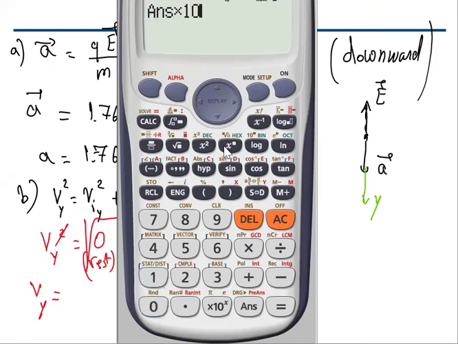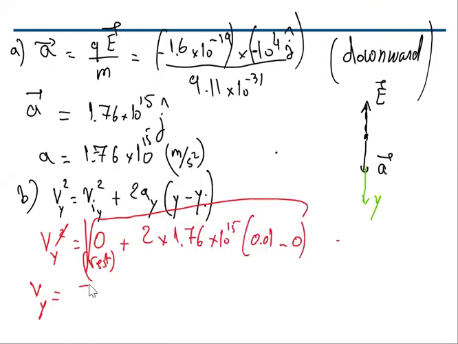So our result will be 5.9 times 10^6 meter per second. Yeah, it's a very high speed because we're talking about an accelerated electron.